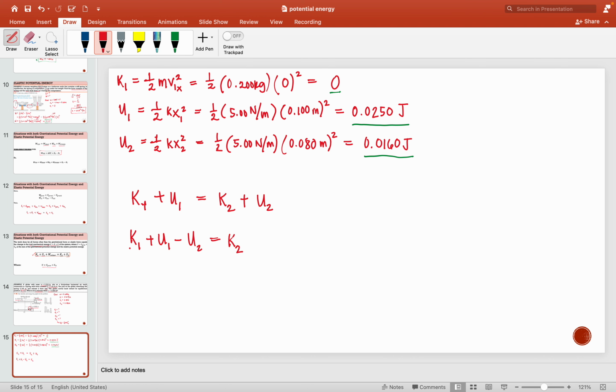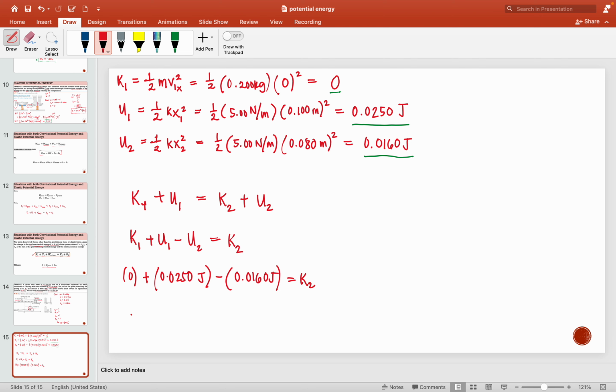So, we have the values of K sub 1, U sub 1, and U sub 2, so we can solve for K sub 2. Okay, so substituting their values, K1 is 0 plus U sub 1 is 0.0250 joules minus our U sub 2, which is 0.0160 joule, is equal to K2.